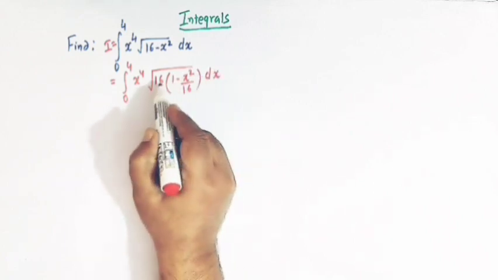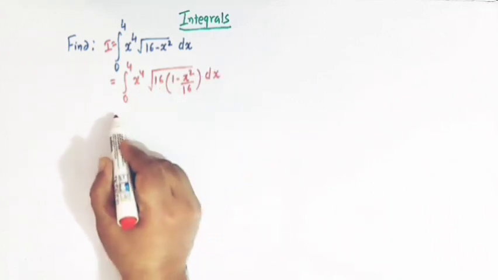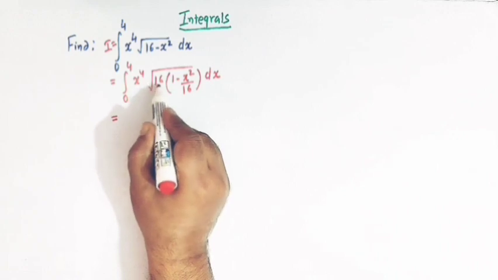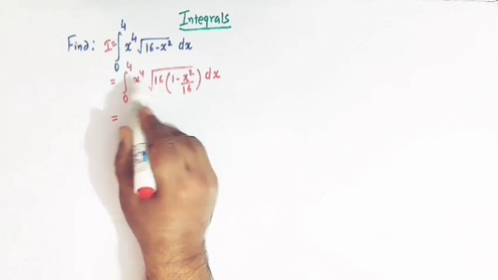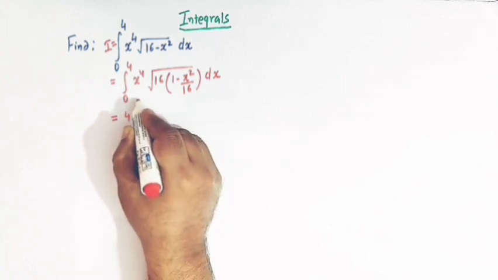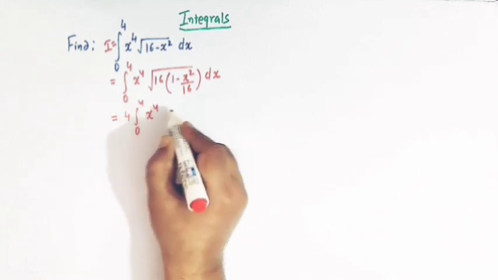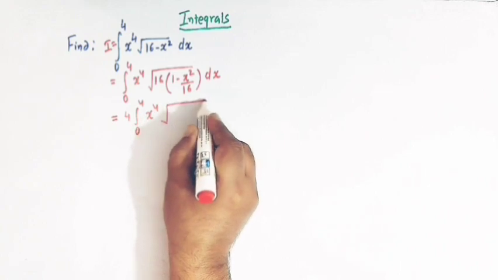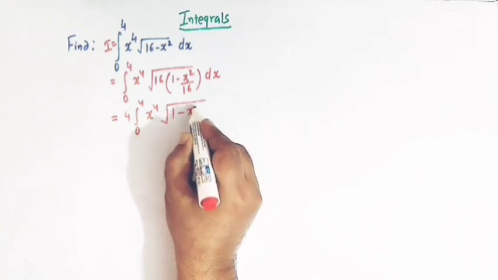And then we can take the square root of 16, and the square root of 16 is 4. We can take 4 outside the integral sign, right?